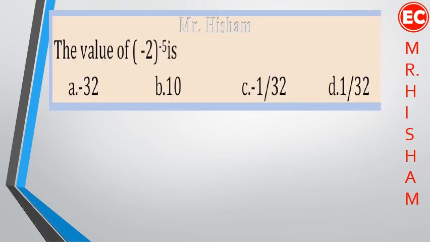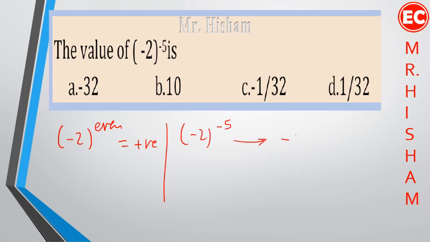The value of negative 2 to the power of negative 5. Notice that if I have negative 2 and the power is even, the answer will be positive. But since I have negative 2 and the power is odd, the answer will be negative. So I am sure that the answer is not B and it's not D. One of the skills that you should learn while solving Qudrat or GAT or any math test without a calculator is how to cancel 2 choices out of the 4.